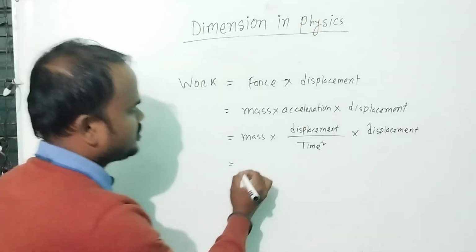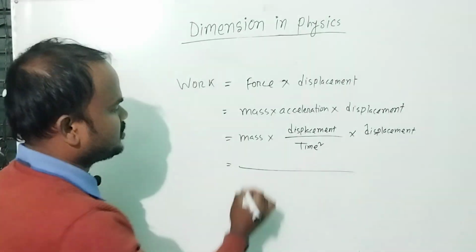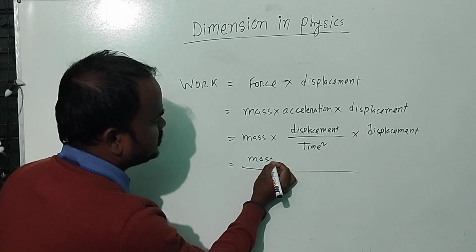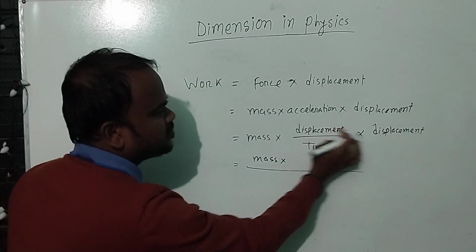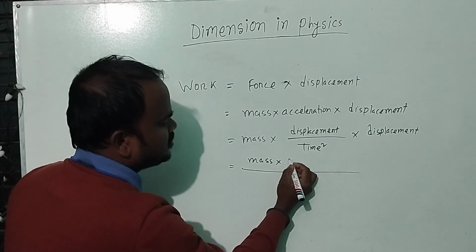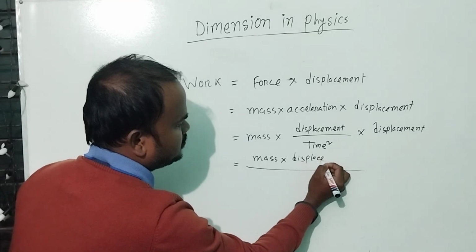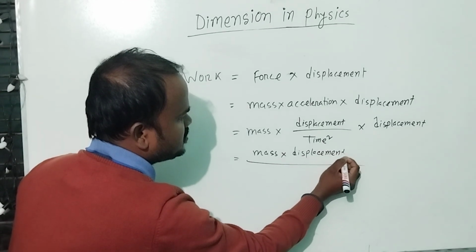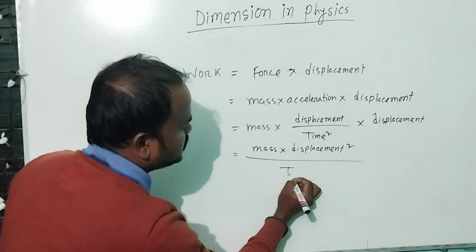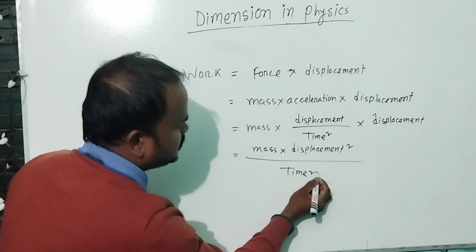So finally it can be written as mass, and displacement into displacement equals displacement squared, by time square.